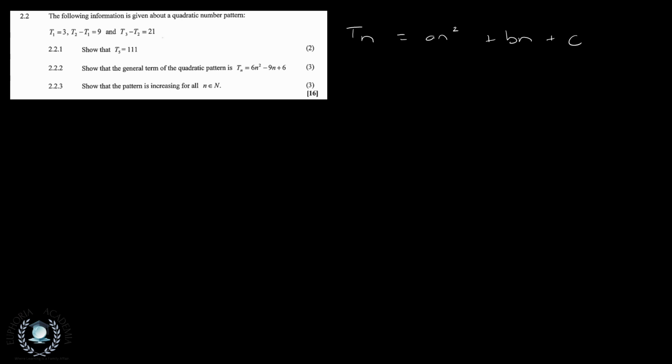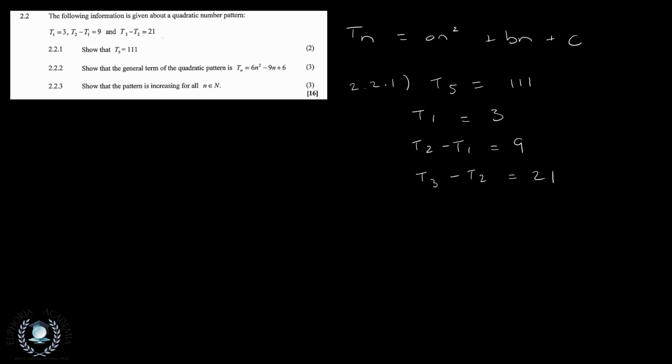Alright, and for 2.2.1, we're asked to show that T5, so the fifth term in the sequence, is equal to 111, after being told that T1 is equal to 3, and the first difference between the first two terms is equal to 9, and the first difference between the third and second terms is equal to 21.